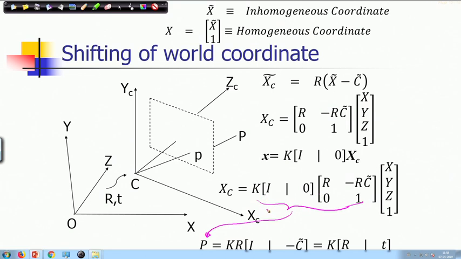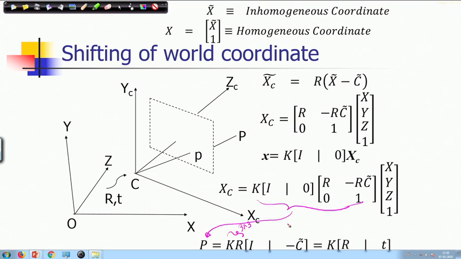Suppose I am taking the rotation matrix out of this operation. I can also equivalently represent this matrix as K R into I minus C tilde. So, in this case you see K R is a 3 cross 3 matrix, because K is a 3 cross 3 matrix and R is also a 3 cross 3 matrix.